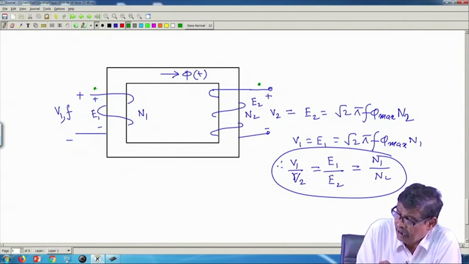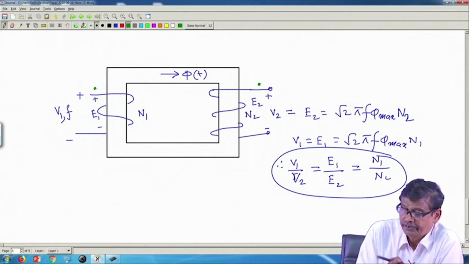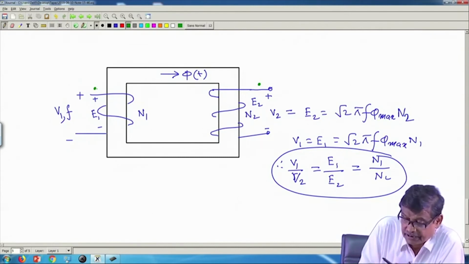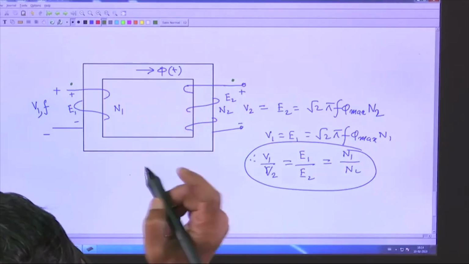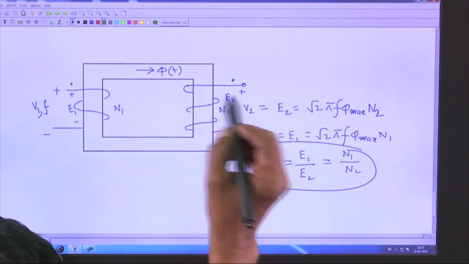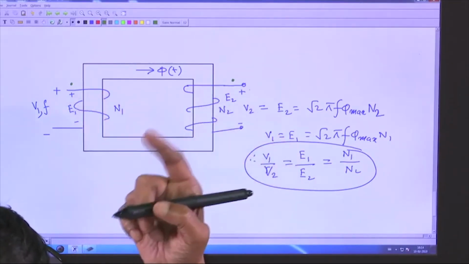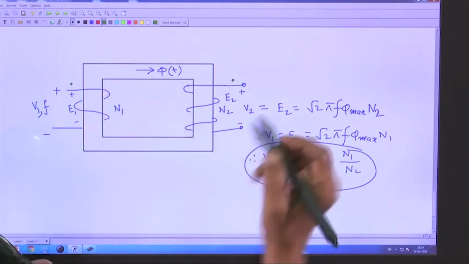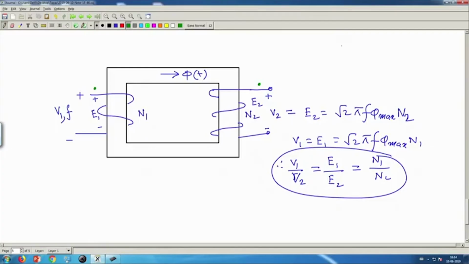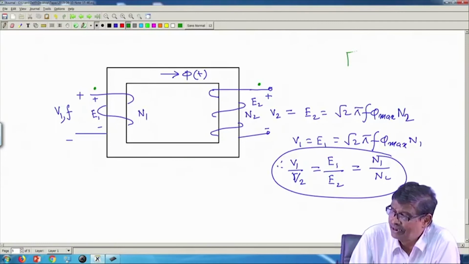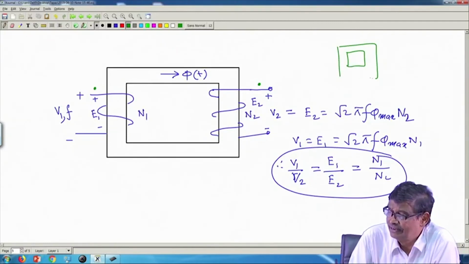Now, I must also point out, I have drawn the core material and the coils, primary and secondary coils, rather carefully. What do I mean by carefully? Suppose you have a magnetic circuit like this, you draw the coils like this.